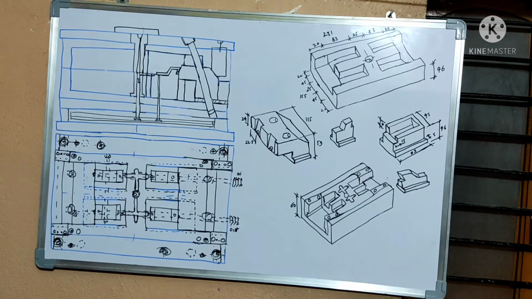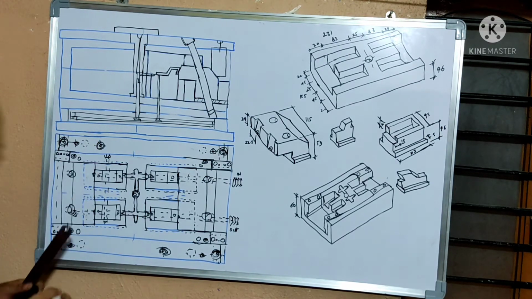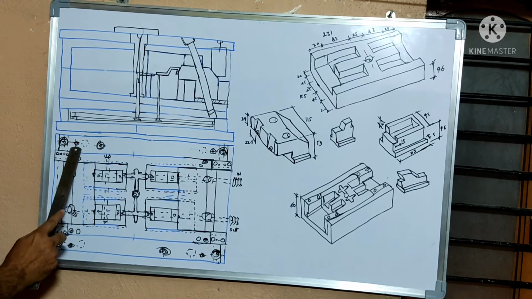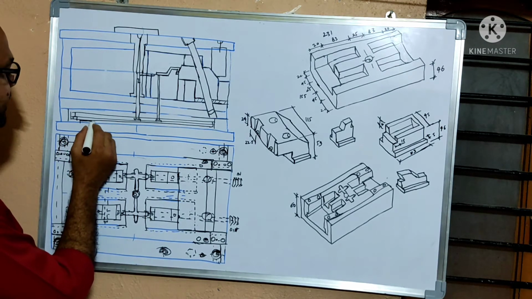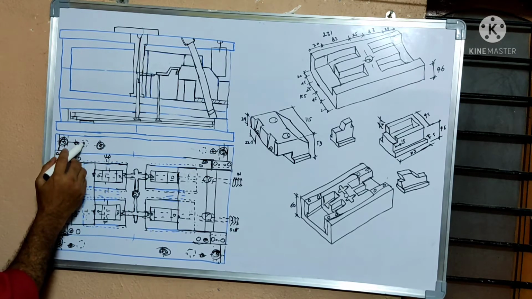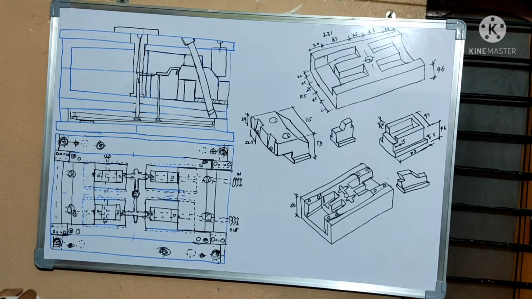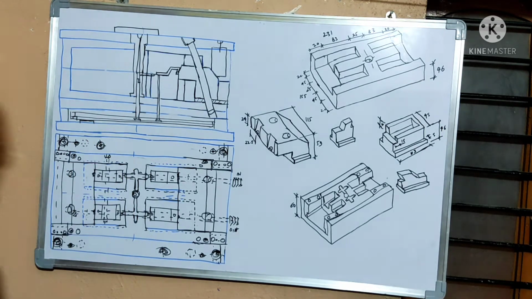These 4 are the ejector assembly fasteners. 1, 2, 3, and then 4. And you are observing also the feed buttons here. Feed buttons 1, 2, 3, 4, which are placed between the bottom plate and the ejector assembly.